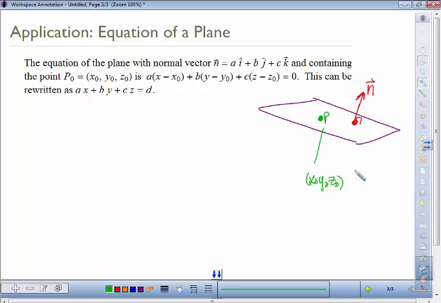So the idea behind this equation is that if I take any random point on the plane, and I'll call this point x, y, z, any random point on the plane.